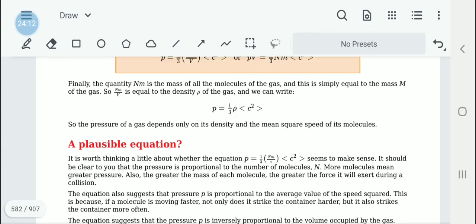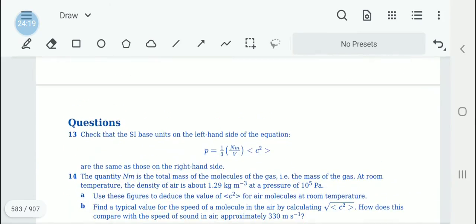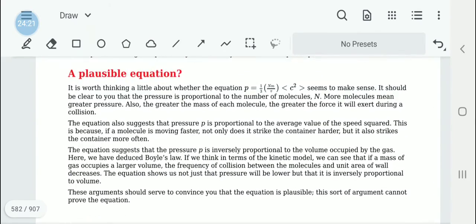Now we need to figure out whether this is a plausible equation, or whether this is an equation that can be taken to be real or practical. To find out whether it really makes sense, we need to understand the different principles behind it. We know that the pressure is directly proportional to the number of molecules.